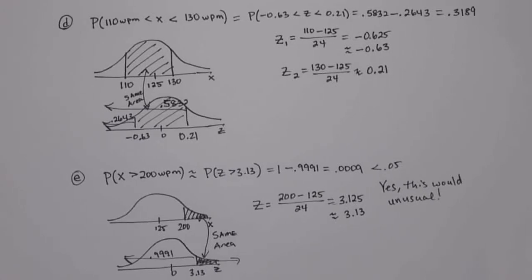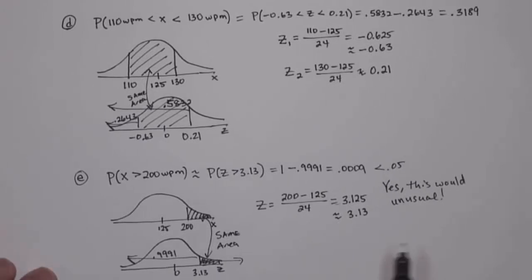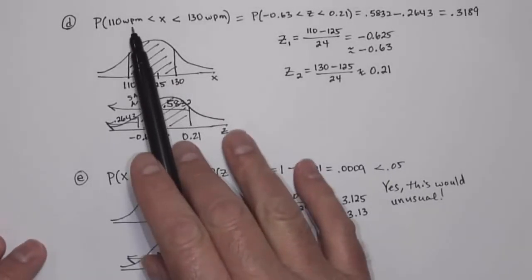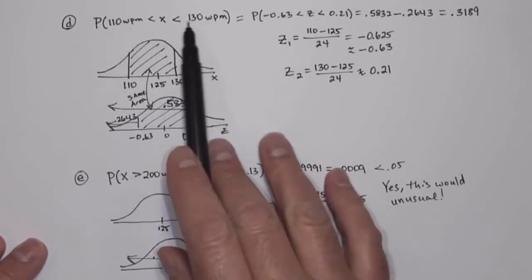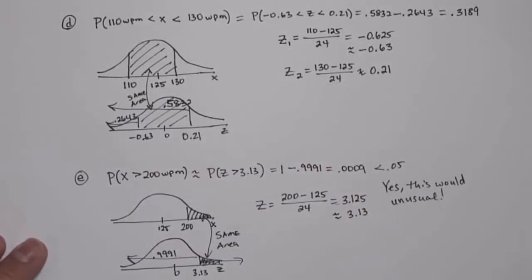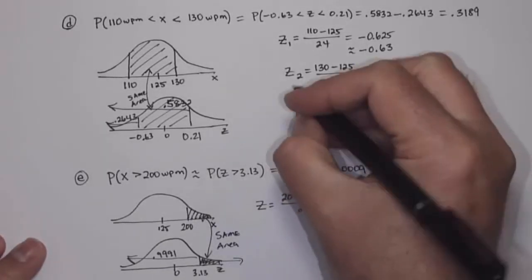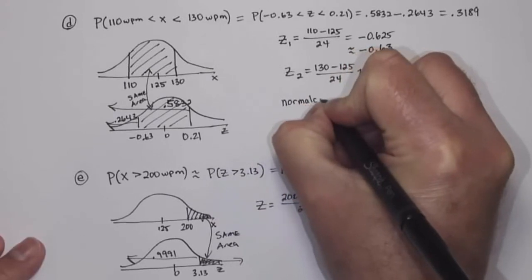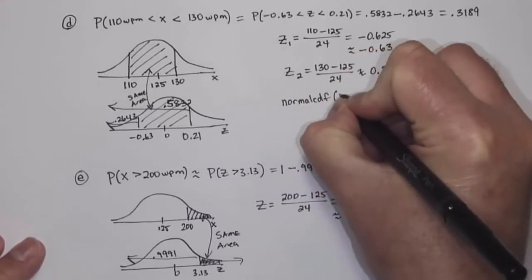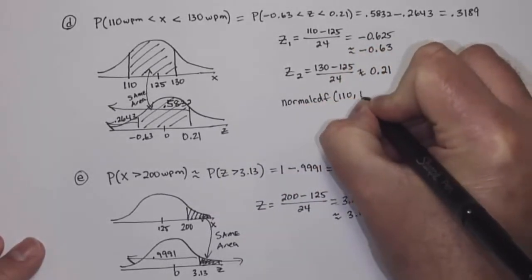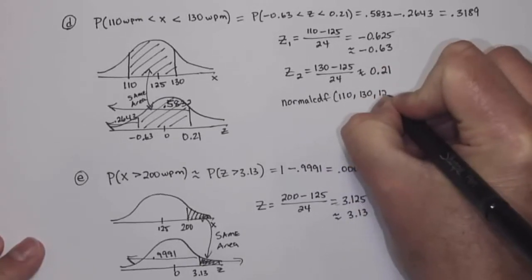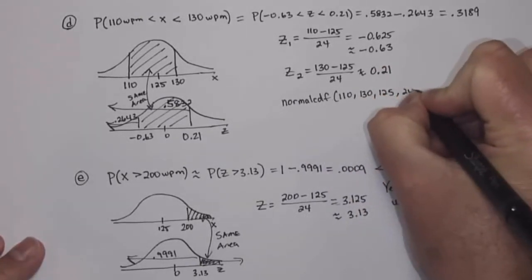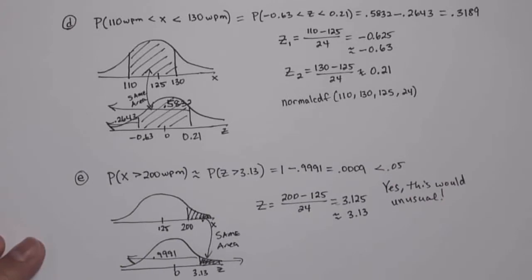So in part D, we wanted to find the probability of selecting a 6th grader who reads between 110 and 130 words per minute. So again, I can use my calculator for that. So my command will be normal CDF. We're going to go from 110 to 130 with a mean of 125 and a standard deviation of 24.